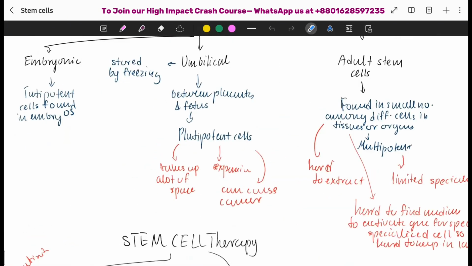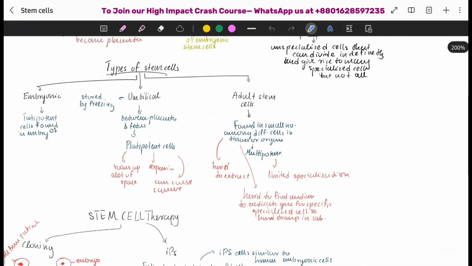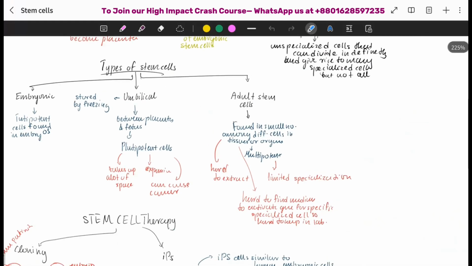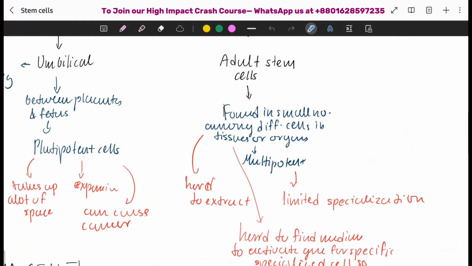And then umbilical stem cells, they're stored by freezing. And yeah, it's between the placenta and the fetus, so they will have pluripotent cells. They take up a lot of space. It can cause cancer. Okay. And adult stem cells, they're basically found in a small number in different cells in tissue organs, multipotent.